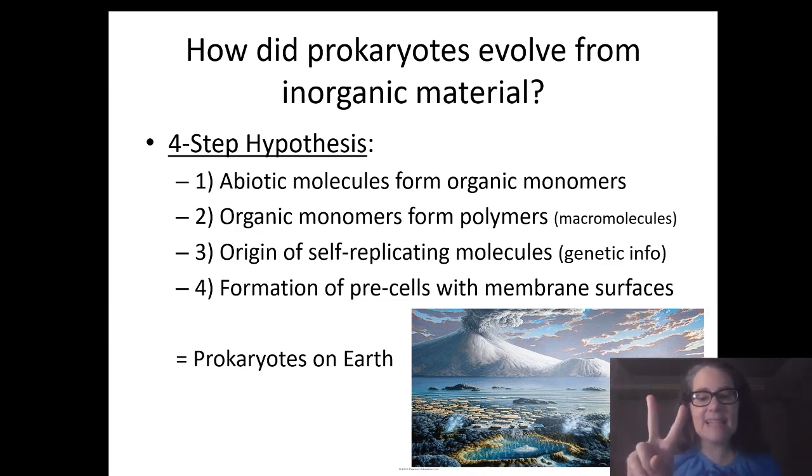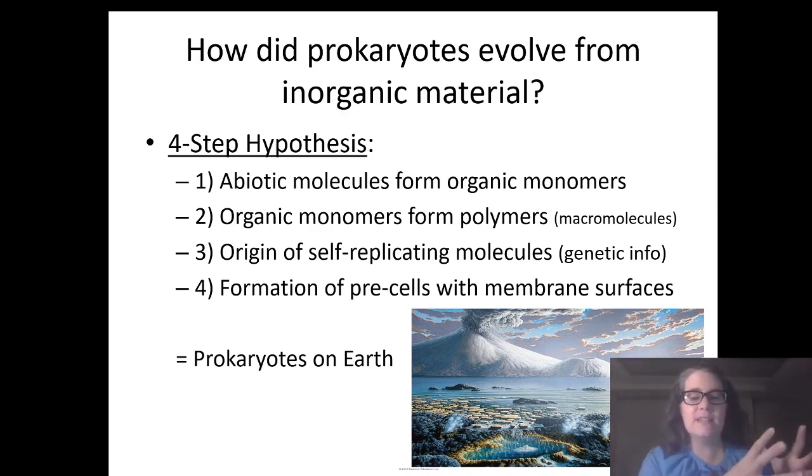The second step of our hypothesis, we need to take those single units and then make them form polymers, or more complicated repeating units of those single units. So think of a pearl necklace and think that you're adding beads to this necklace to give it complexity.